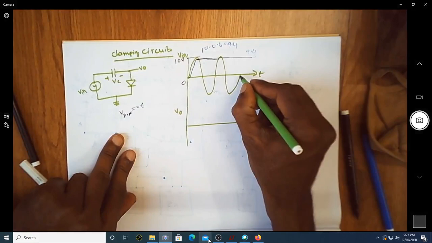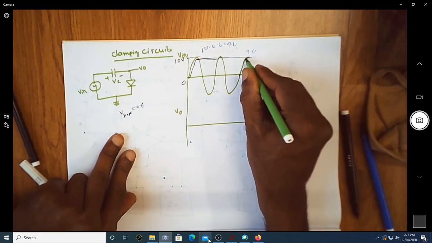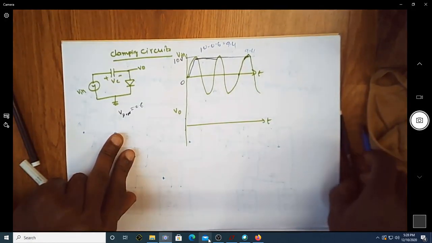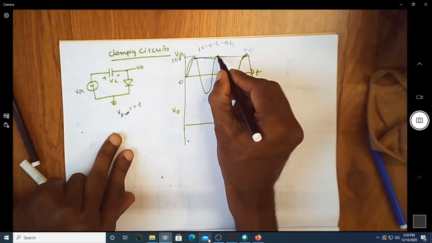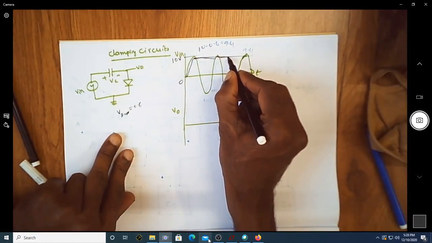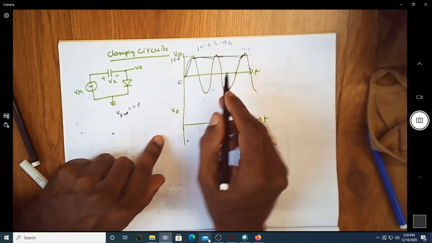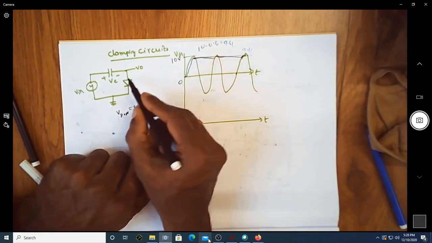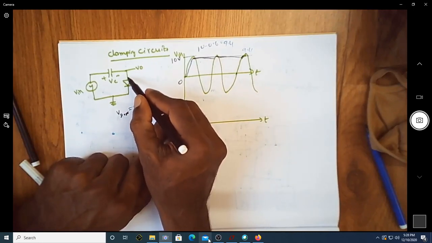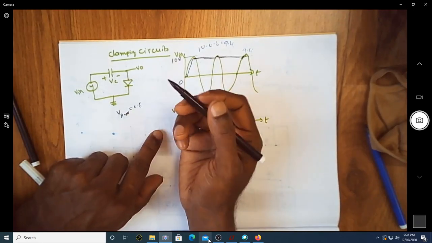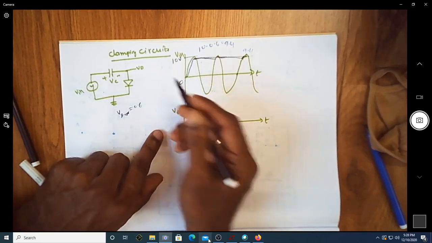Suppose I continue for one more cycle of 10 volts. The voltage will again slightly reduce and then charge again. This discharge is due to some resistance offered by the diode during the reverse bias condition.